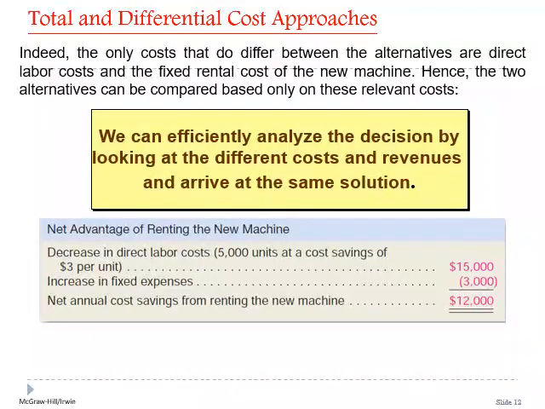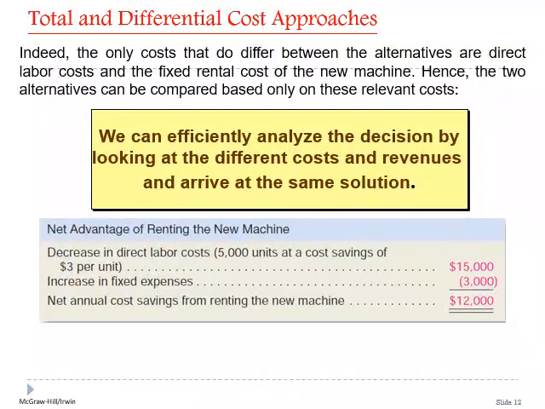So the net annual cost saving from renting the new machine equals 12,000. So the decision is to rent this machine because it achieves a saving equal to 12,000.